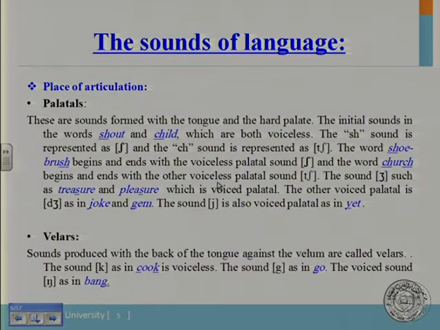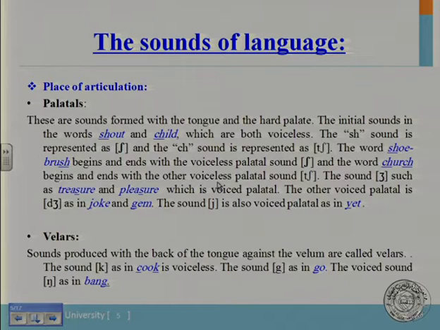Now these are sounds formed with the tongue and the hard palate. The initial sounds in words like shot and child. These two sounds are voiceless.